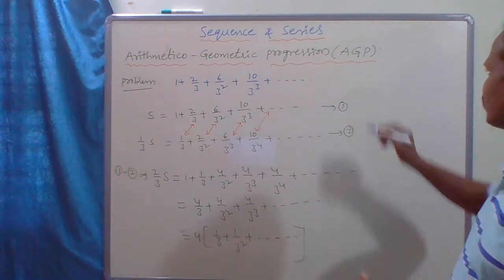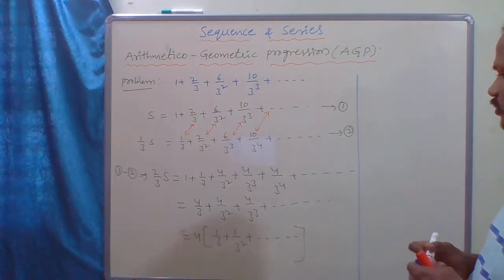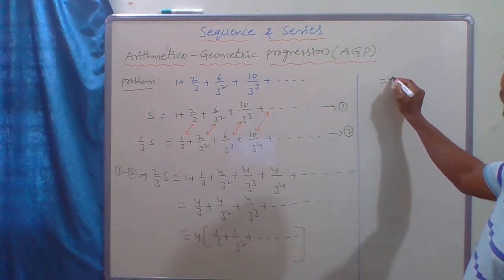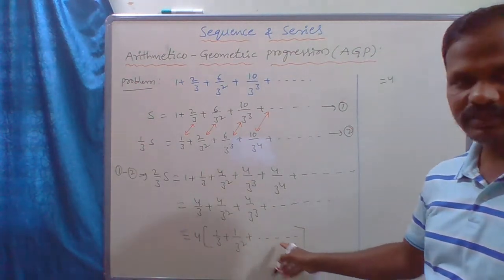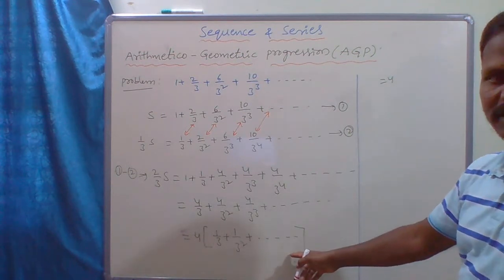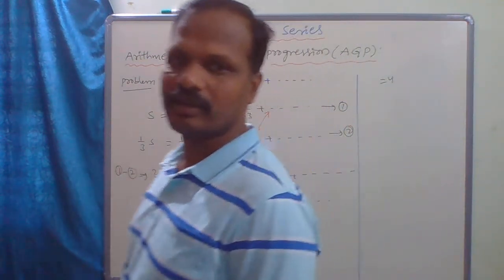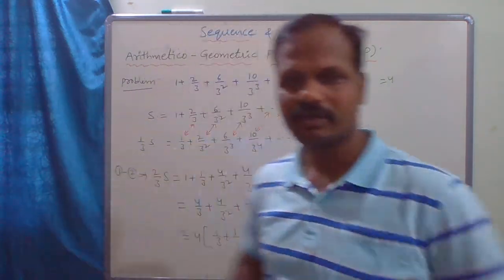Clear? Now, this is equal to 4 into (1/3 + 1/3 square + so on), which is in GP. So it is an infinite GP, and the sum of the terms in an infinite GP is a by 1 minus r.